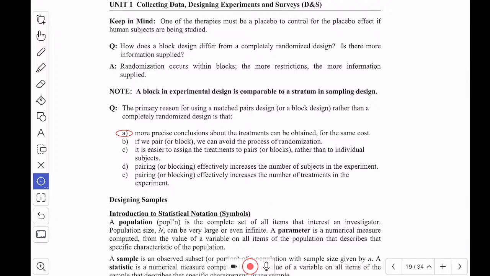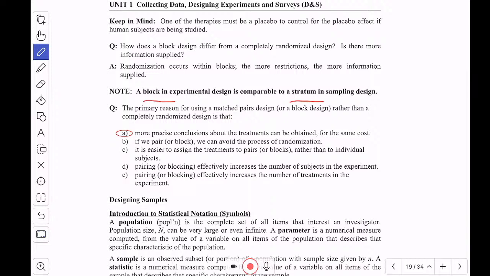So the primary reason for using a matched pairs design or block design rather than a completely randomized design is that more precise conclusions about the treatments can be attained for the same cost. This is the point that I made toward the end. The idea of block in experimental design is comparable to the stratum in sampling design.